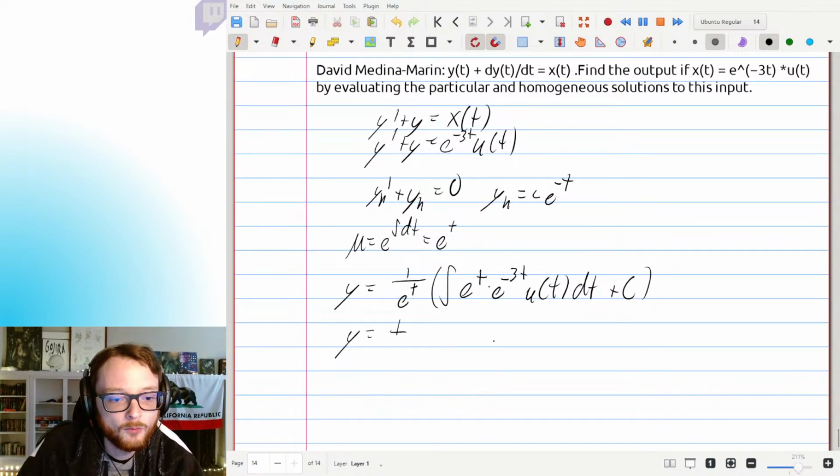So y is, the exponents add here, so minus 2t u of t, dt, plus c e to the minus t. This is the homogeneous part that we just got before anyway.